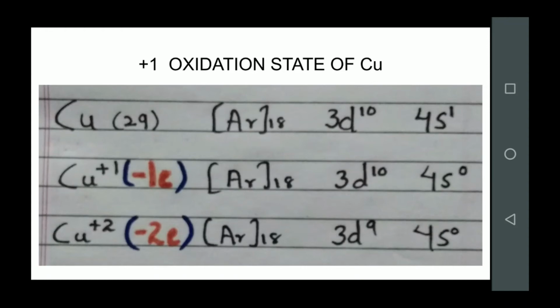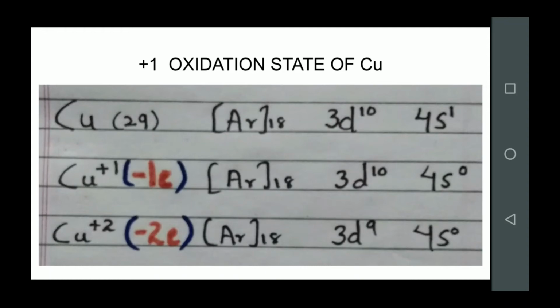They show some exceptional behavior, where in case of copper, instead of showing 3d9 4s2 configuration, copper shows 3d10 4s1 configuration due to the extra stability that can be attained because of the completely filled and exactly half filled orbitals. So here in your 4s orbital, which is your outermost orbital, there is only one electron.